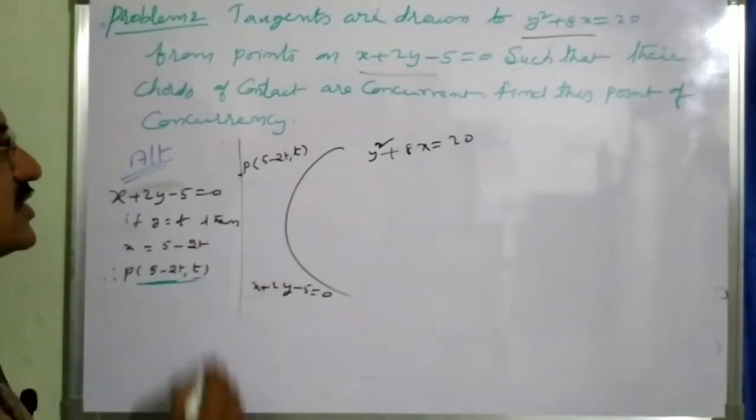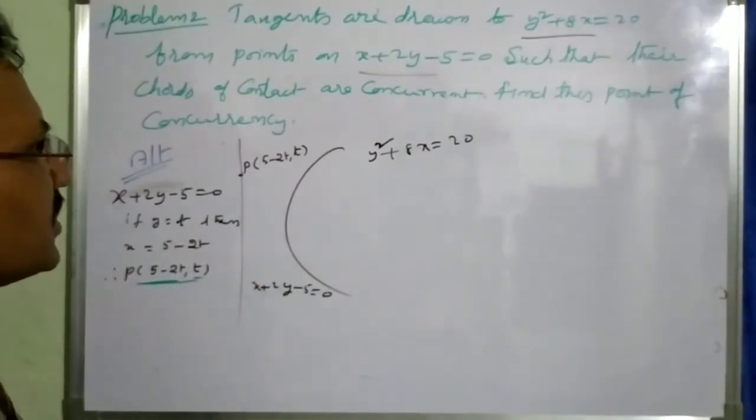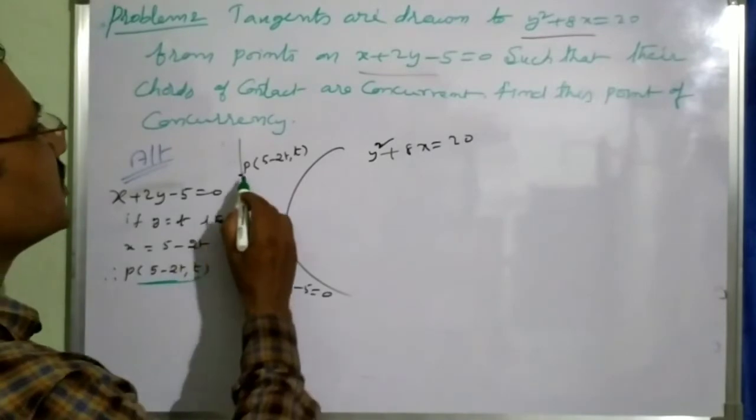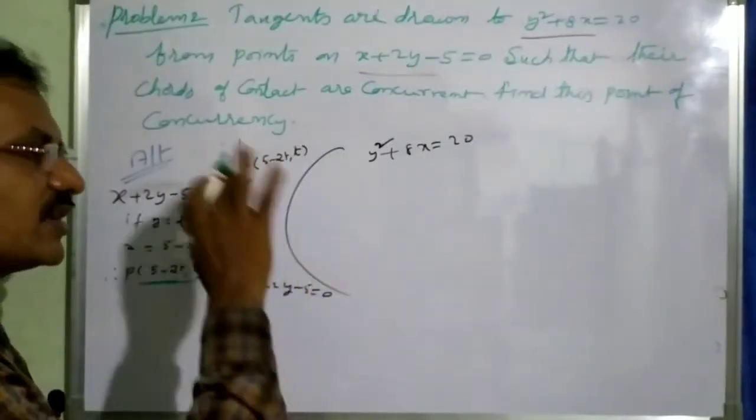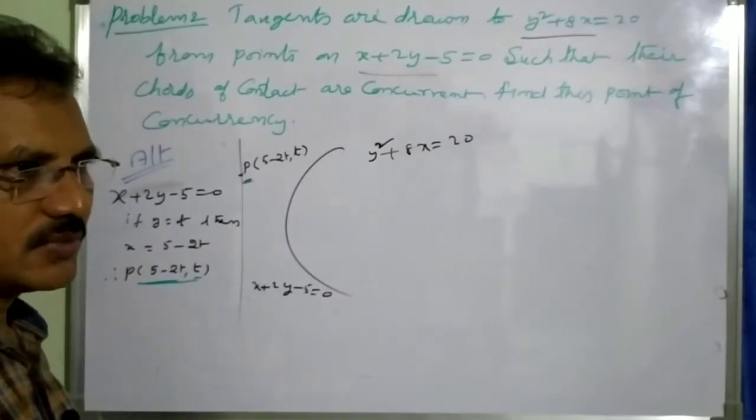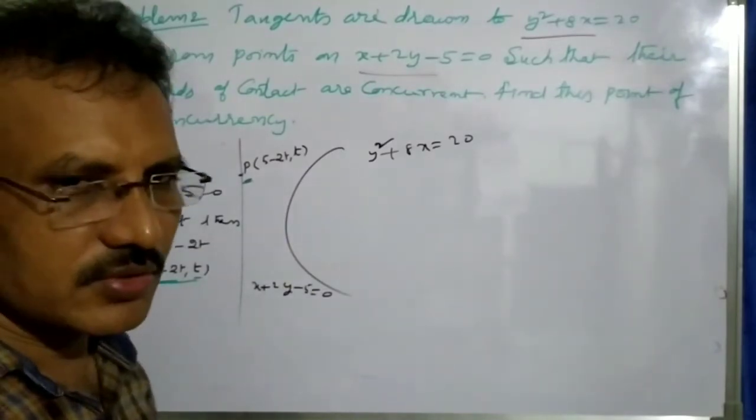Therefore this is the algebraic point on the line. Now a point is taken on this line. From this point we have to find out the polar of this conic. For this point we find the polar. Not the polar, we find the chord of contact.